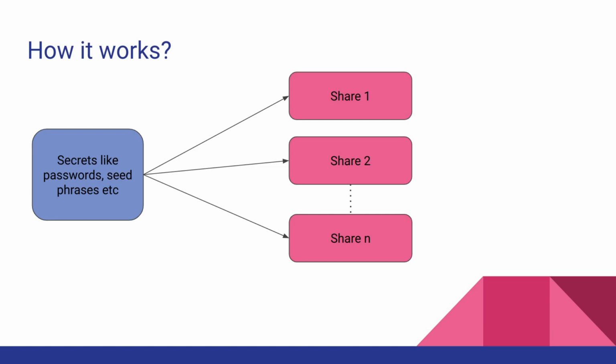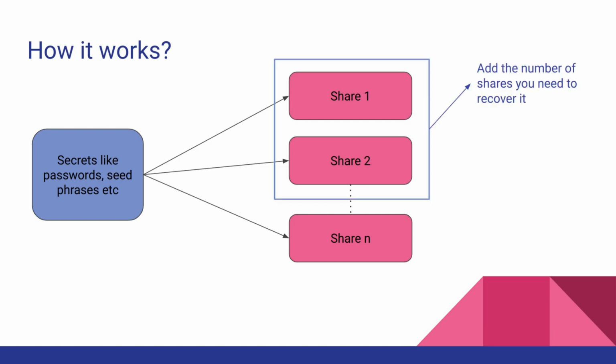Let's say you need 2 out of these n number of shares to recover. So you have to specify that before creating the shares. That number of shares you need to recover it is called the threshold. The threshold is the number of shares you need to recover the secret.